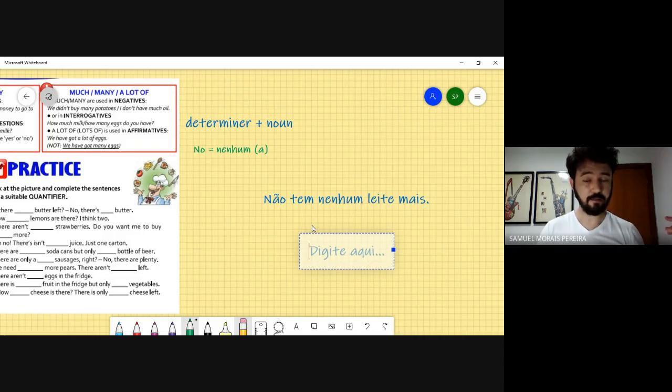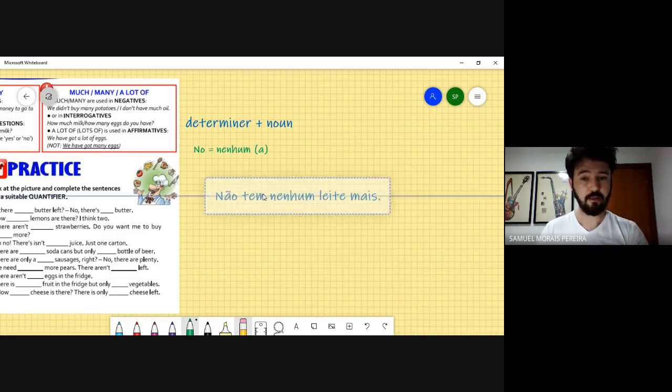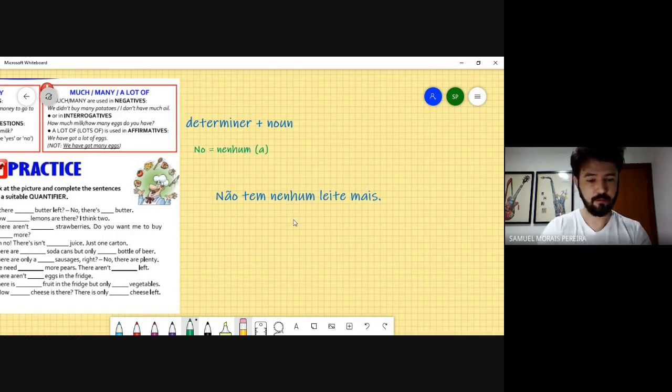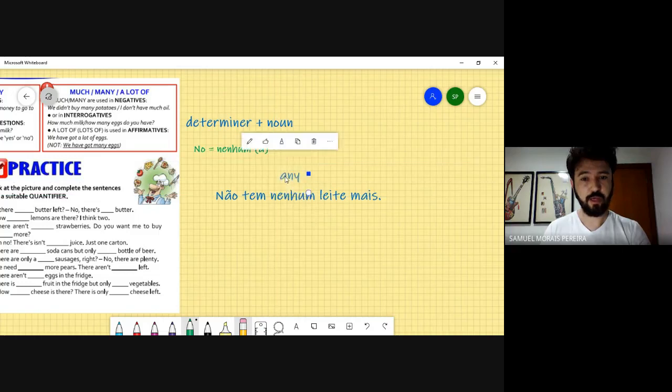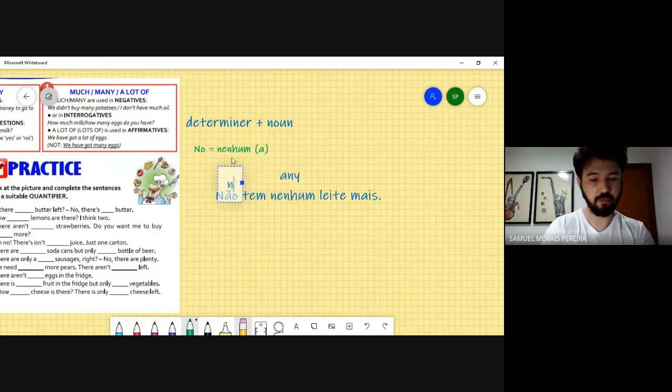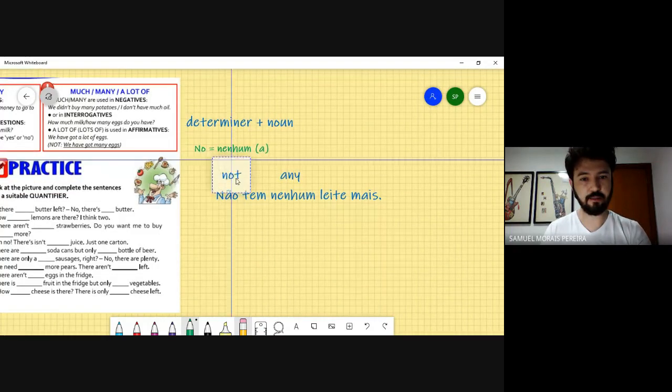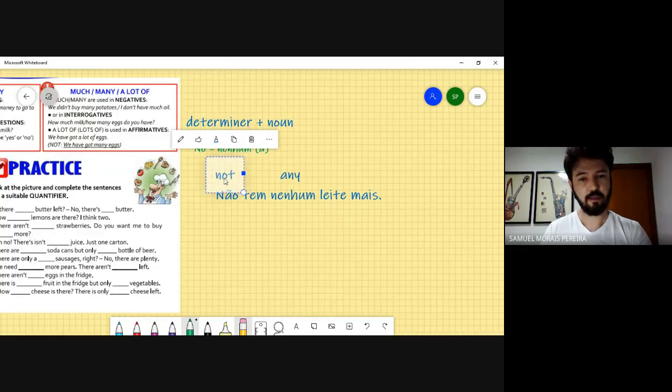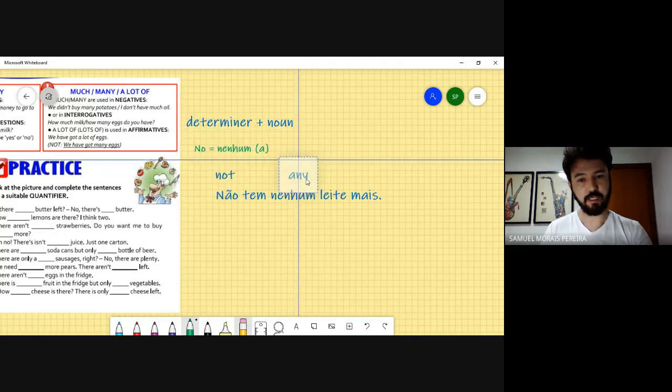In our other lesson, I told you that you can use the word any because we use the word any in negative sentences, okay? So when we have a negative word in the sentence, for example, if I use here the word not, para traduzir o nenhum eu uso any, okay?